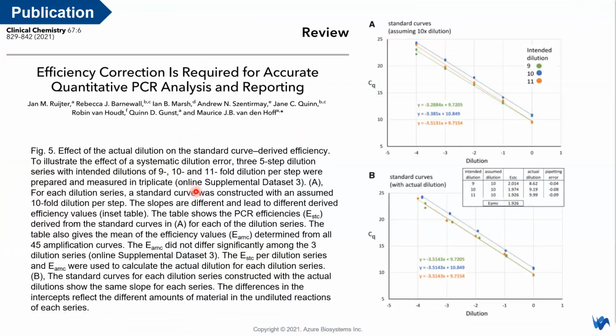There are a lot of publications out there trying to improve this calculation method. There are also some publications that address certain crucial issues when you use relative quantification with standard curve.